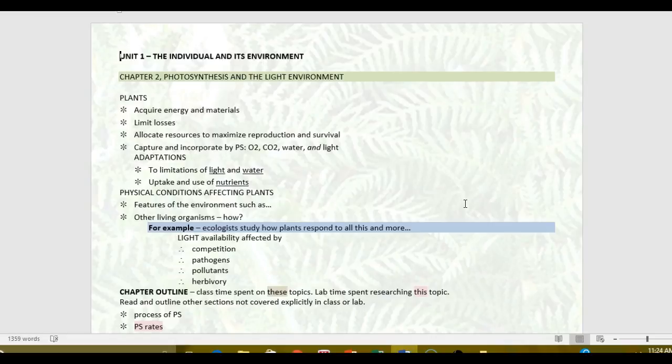And deer just walking through the forest, disturbing the vegetation, that sensitivity will cause it to close up, and then it has a greater possibility of not being eaten when you can't see it.